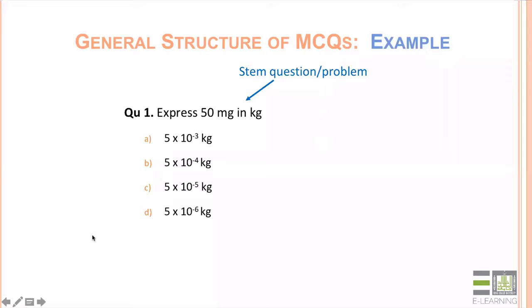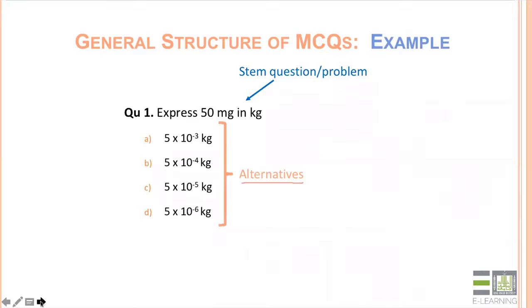If we have a look at the options, these are known as alternatives. So within the multiple choice item, you'll have a list of alternatives that the students can select. Now, the alternatives are usually presented vertically, not horizontally, and preferably in numerical or chronological order to make it easier for the students to read and also to answer the question.